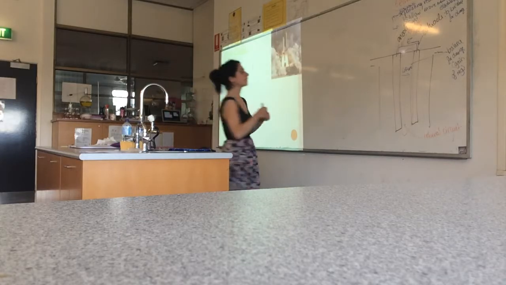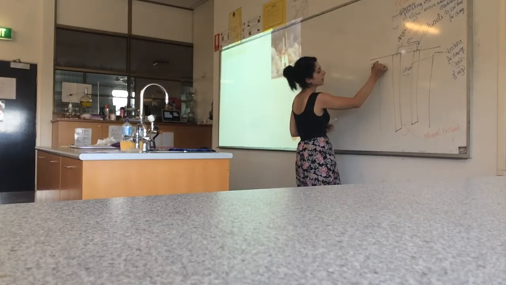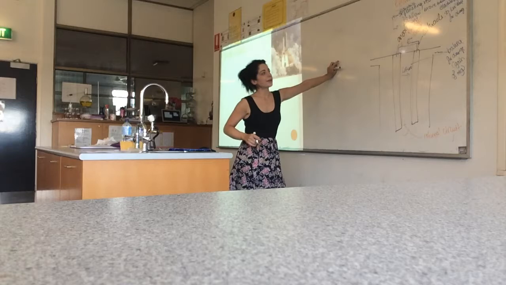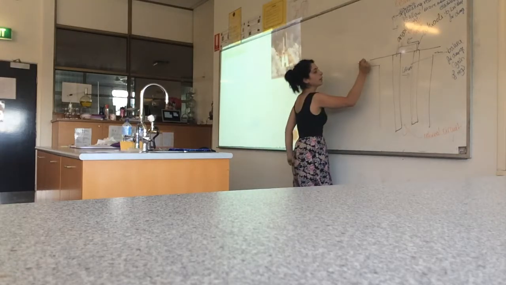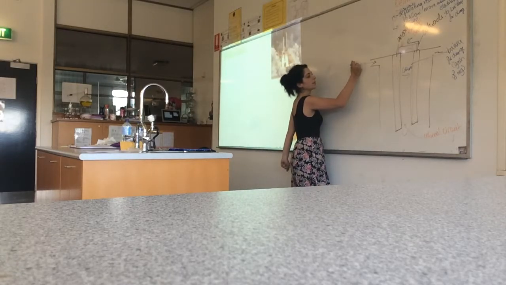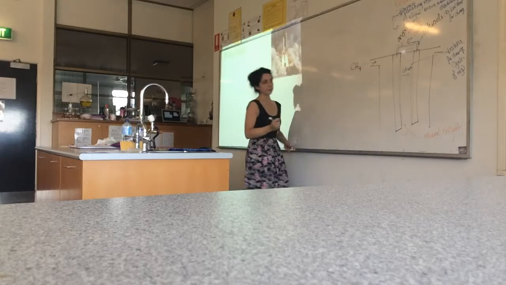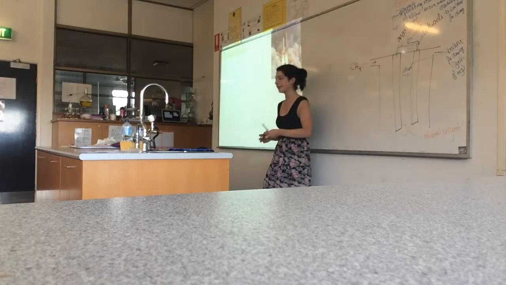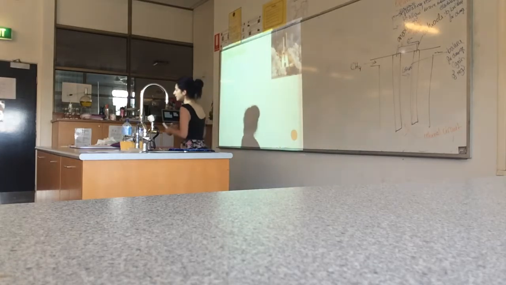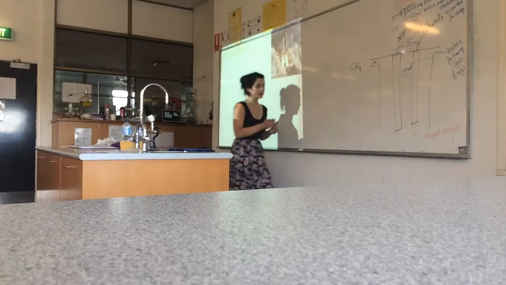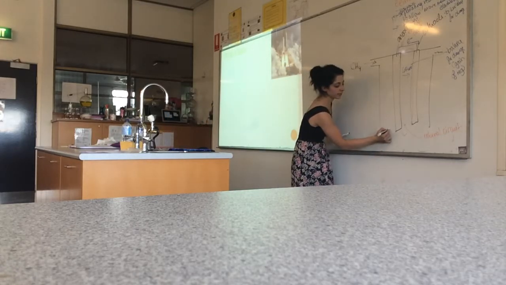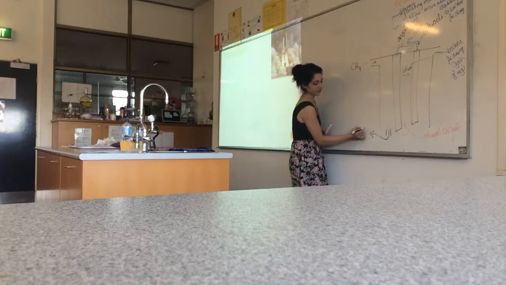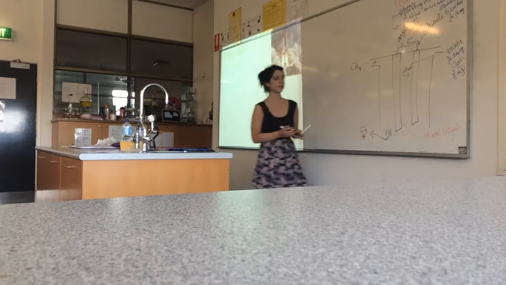So they might tell you that it's a methane fuel cell. That arrow pointing in tells you that it's a reactant, okay? And then they might tell you that coming out of this side, we have CO2.